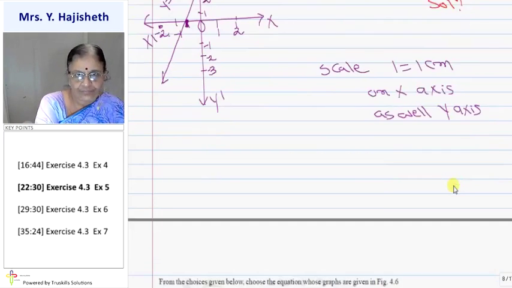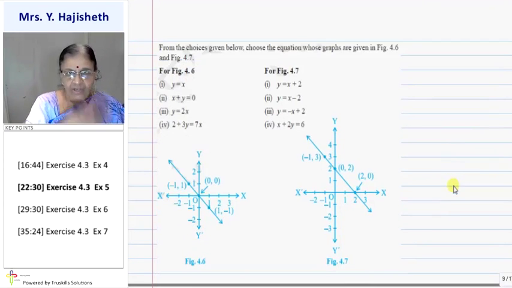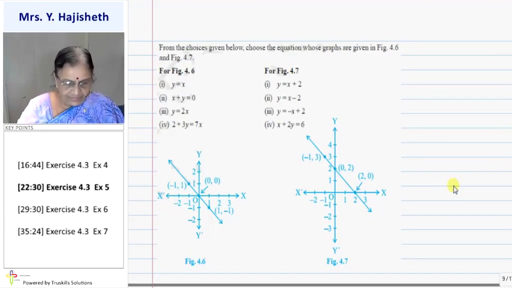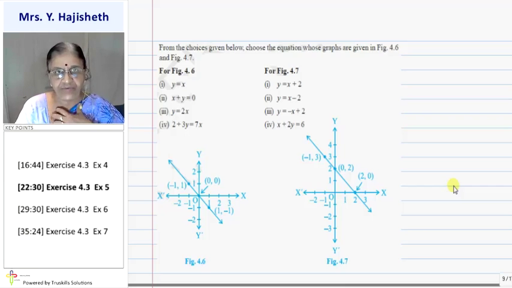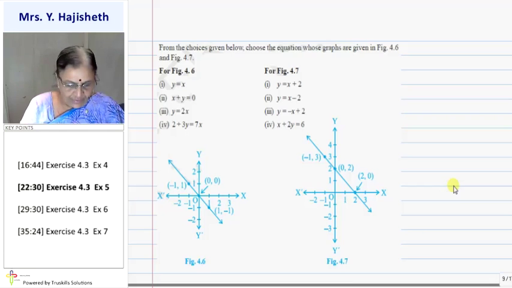Now, next sum, you are given the graph. Okay. From the choices given below, choose the equation whose graphs are given in figure 4.6 and 4.7. Now the 4.6 graph is passing through the origin.